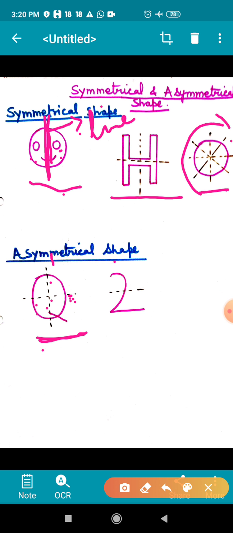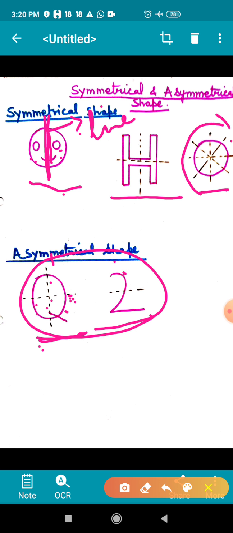It means this figure is an asymmetrical figure. Children, can you find and draw two asymmetrical and two symmetrical English alphabets in your rough copy? Yes, do it. This is your homework for today.